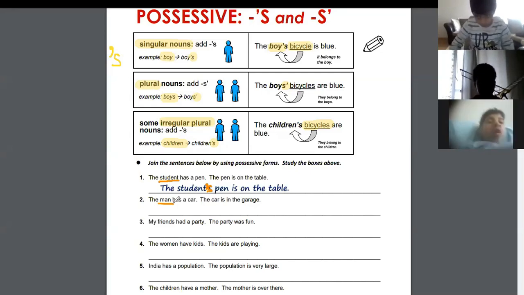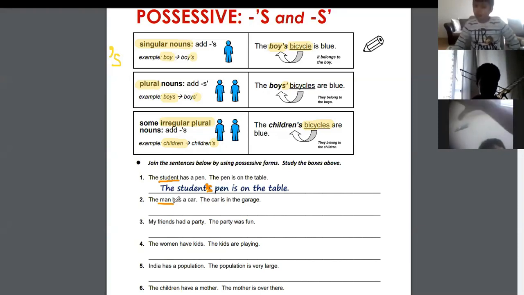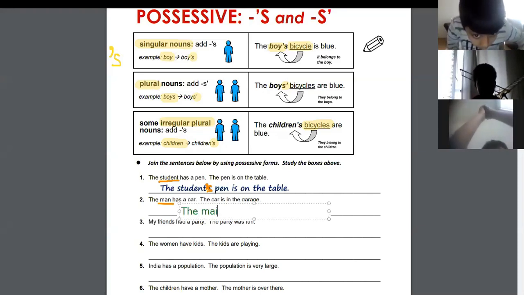Right. Man is one person or one thing, so it is singular. Singular means one. So the car belongs to who, Eileen? The car is for who? For the man. Right. So we say the man's. I will write the answer on the whiteboard.